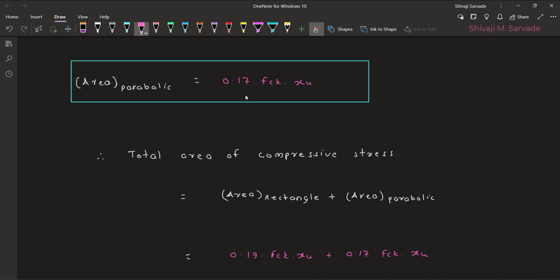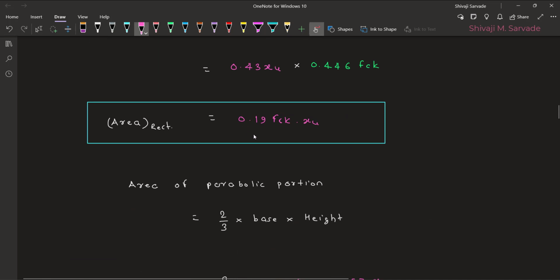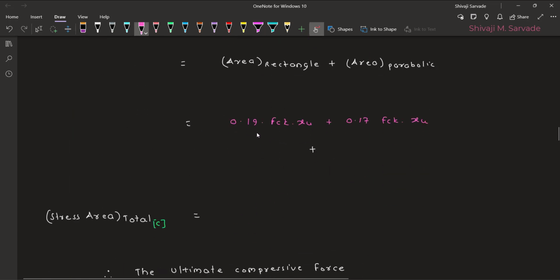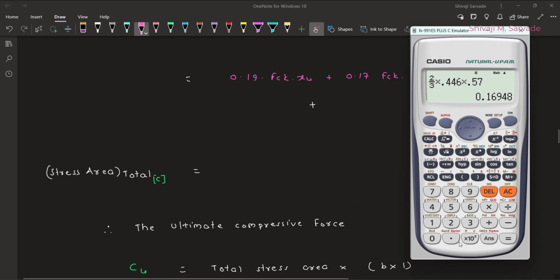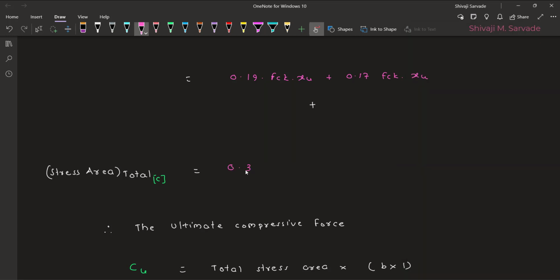This area is parabolic and this area is the rectangle. So the total area of the stress block, we'll have to add them together. So 0.19 plus 0.17 comes out to be 0.36. So the total area of the stress block would be 0.36 fck into Xu.